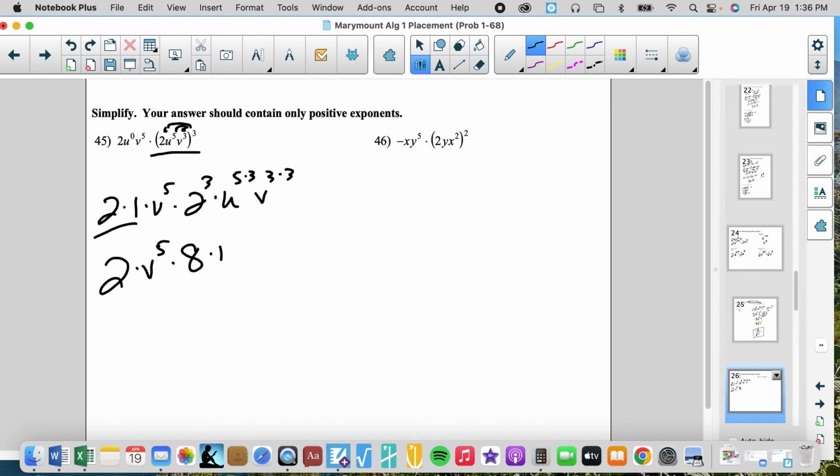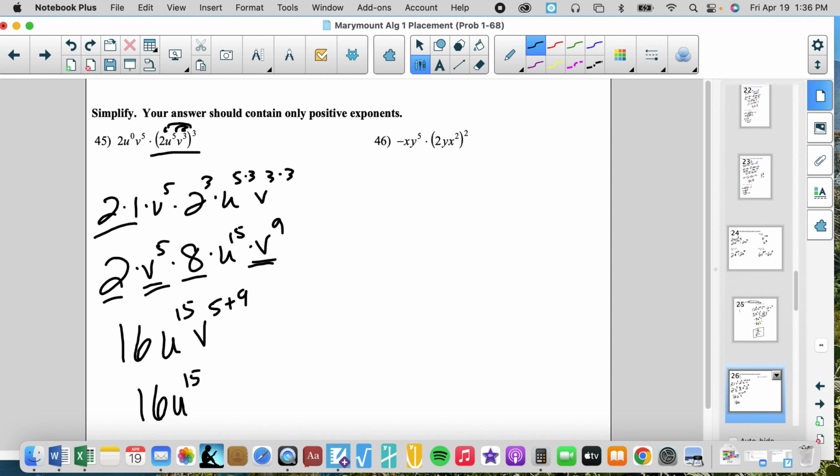You should know that. u to the 15th, v to the 9th. We're going to do coefficients, 16, u to the 15th. Let's do like bases, v to the 5 plus 9. 16, u to the 15, v to the 14th. I saw what you did there. I see what you did, you little sneaker.